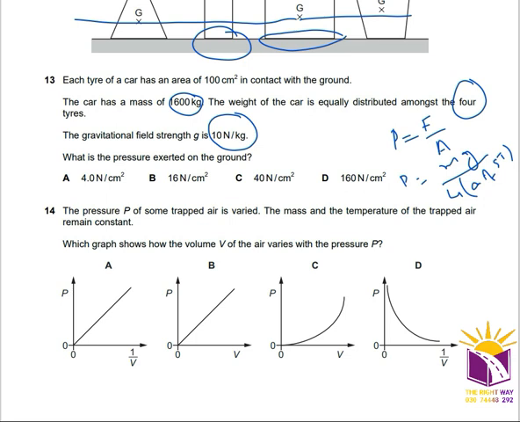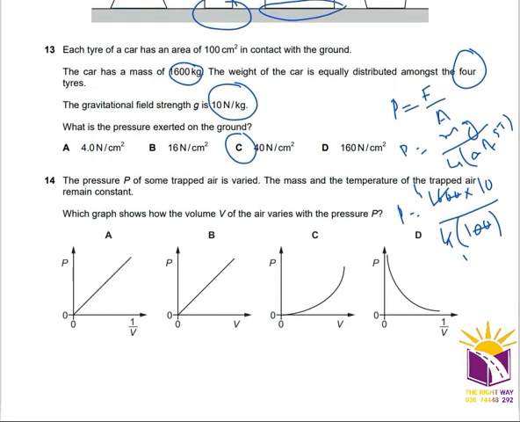So pressure will be equal to 1600, the mass of the car, multiplied by gravitational field strength 10, divided by 4 times the area of a single tire, 100. Cancelling, 4 times 4, 4 times 10, will be equal to 40. So the pressure will be 40 Newton per centimeter square.